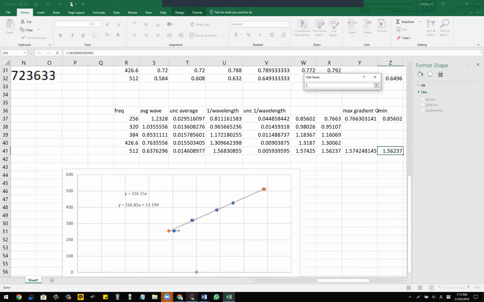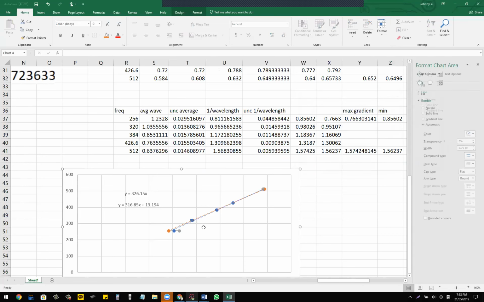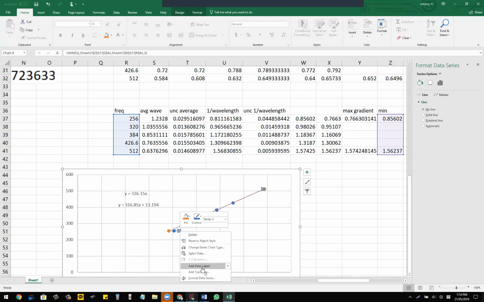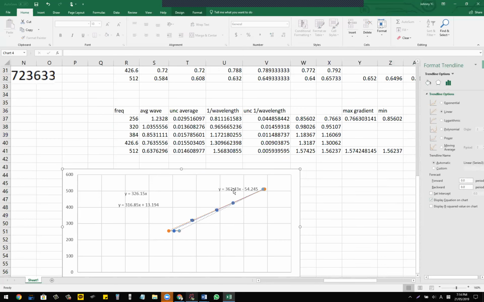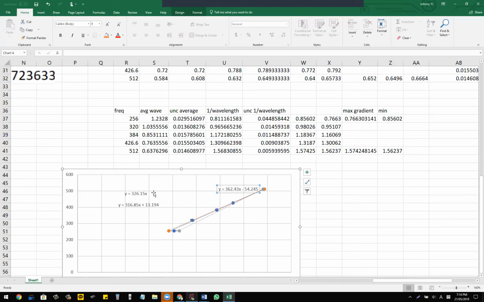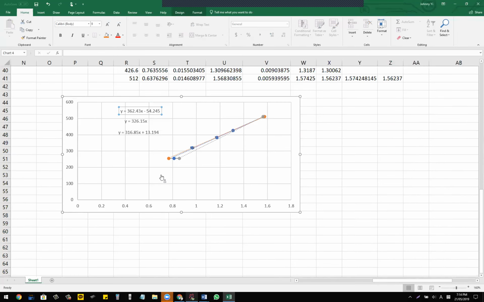X value is simply those two. And the Y value is these. Then you got the gray. Gray is now from there to there. Trend line, display equation and chart. And you can see that this one includes, so we can say this, okay?